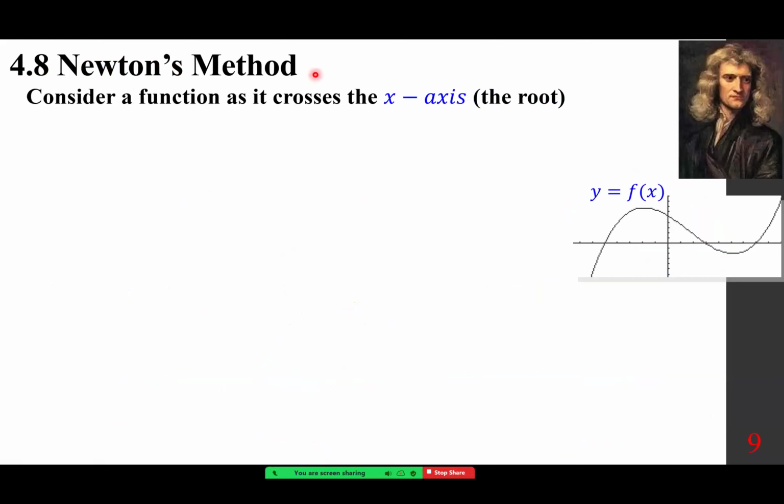(4.8) Newton's method. Consider a function as it crosses the x-axis, which is known also as the x-intercept or the root of the function. So here's a function. It crosses here, here, here.